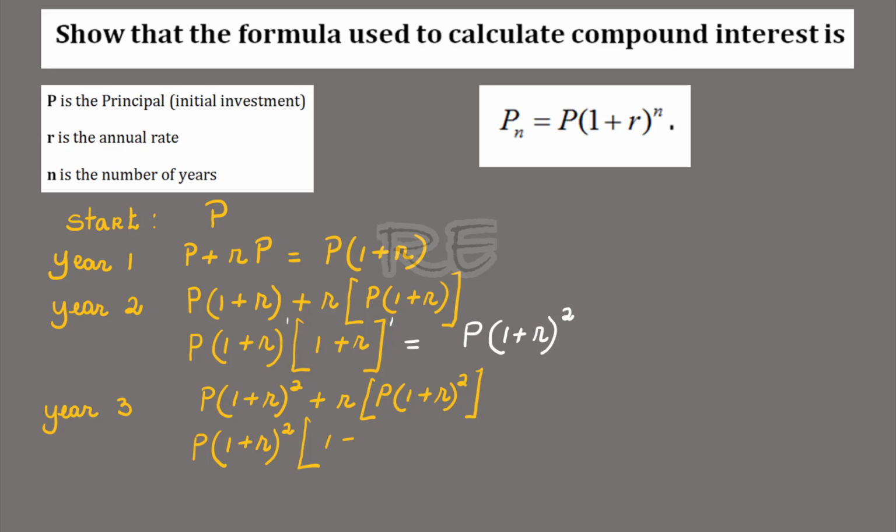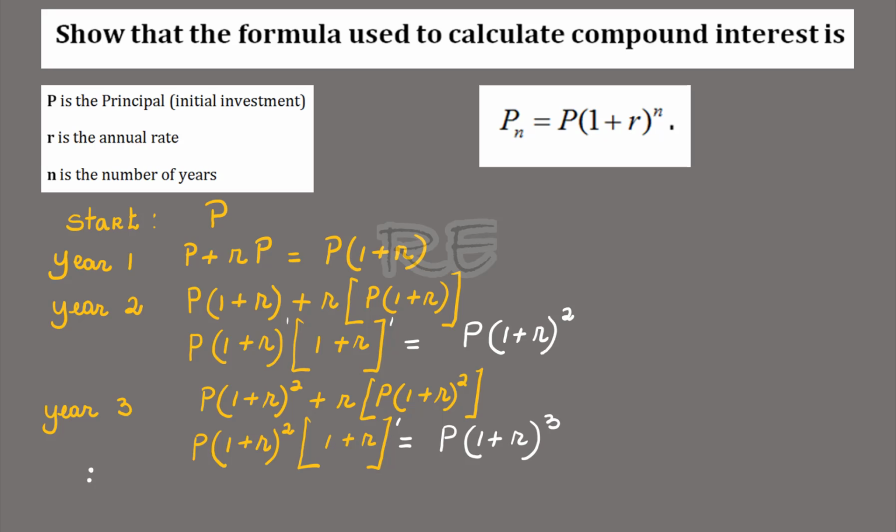And the other factor will be 1 plus R as expected, which is 1 plus R to the first. And 1 plus R squared times 1 plus R to the first is 1 plus R cubed. P times 1 plus R cubed will be the amount in the account after the third year.